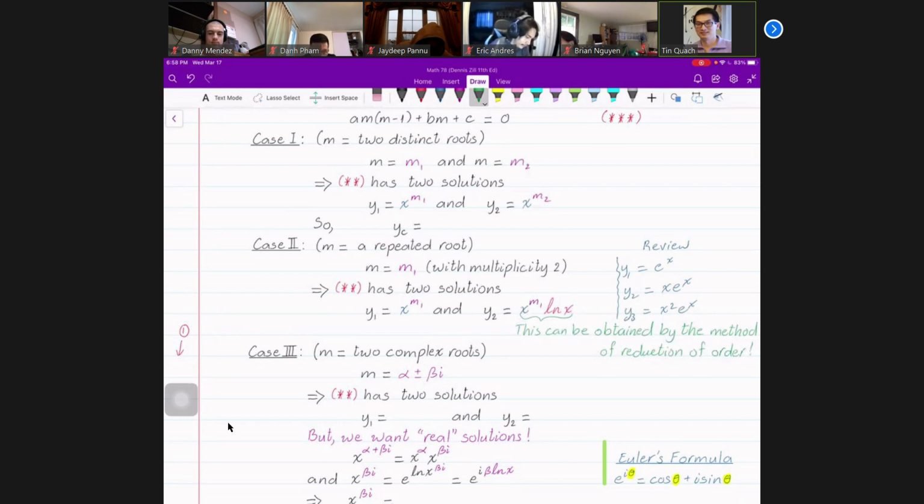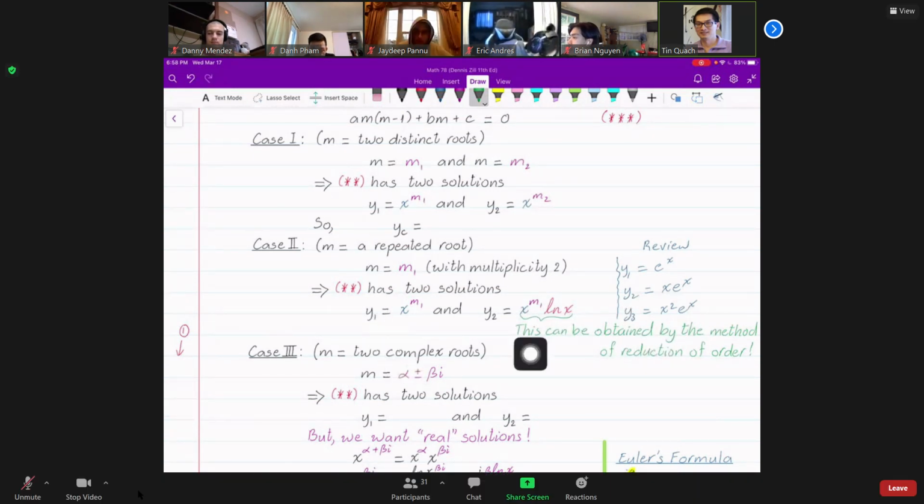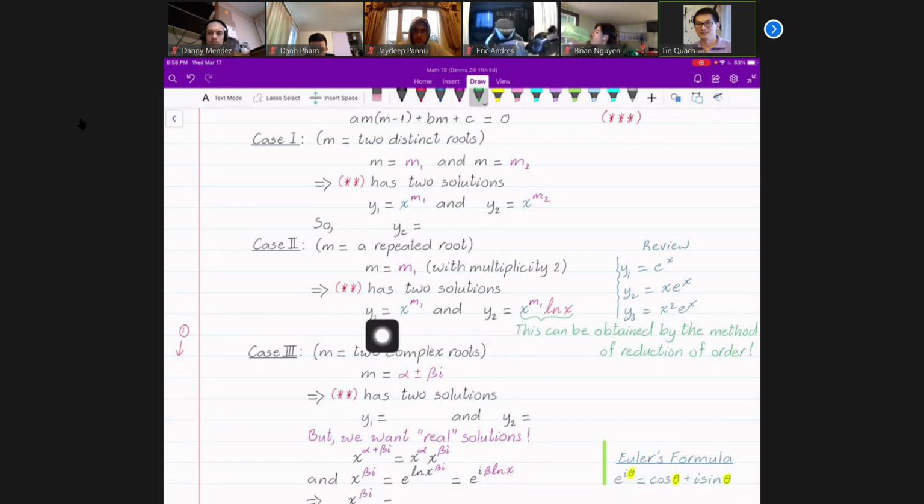Remember reduction of order: if I give you one solution, then the second solution can be found by taking a function u times y1. So y2 is u times y1, and you go through the process in section 4.2 to get u, and u turns out to be ln x. I'm not going to go over that, since we did that in 4.2.